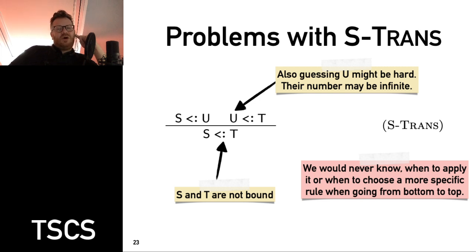Then you would have all permutations of S in there, and so on and so on. And also if you have a subtyping derivation where you do have relations where you can construct arbitrarily many intermediate types, this would be very, very hard. So you cannot implement this properly from bottom to top.